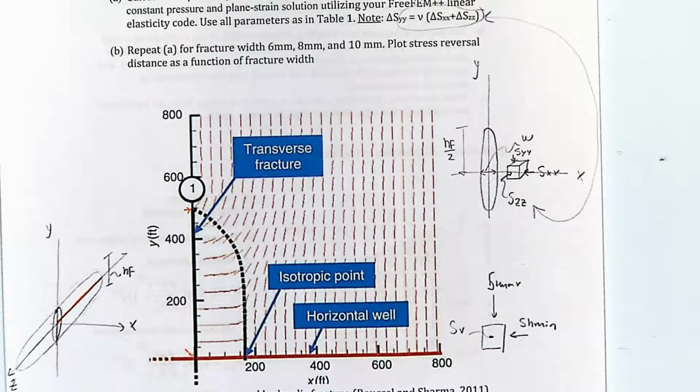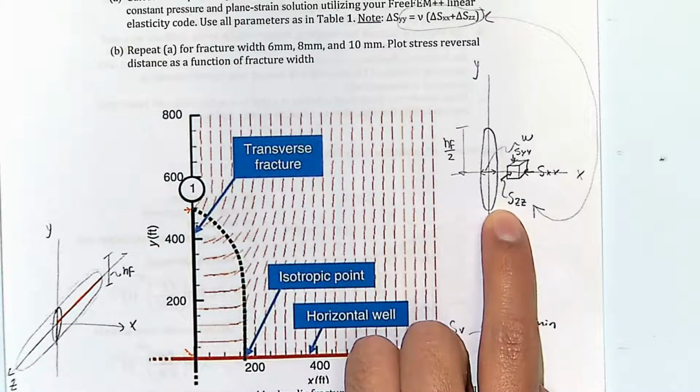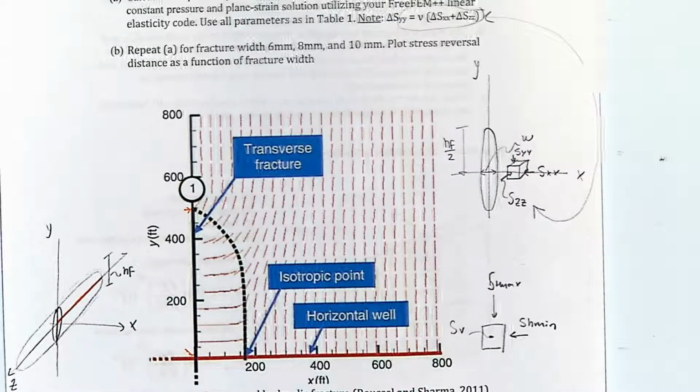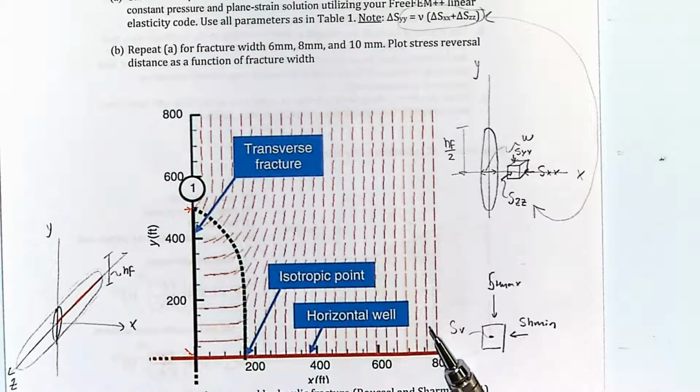You add that to the background stresses, and you will get to see how the new stresses compare to the old stresses. You just have to add the change of stress caused by the hydraulic fracture to the previous ones, and you will see that there can be a reversal of the principal stresses in this problem. For example, let me anticipate a little bit the results in this paper.